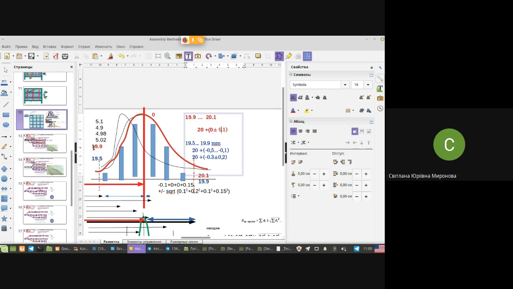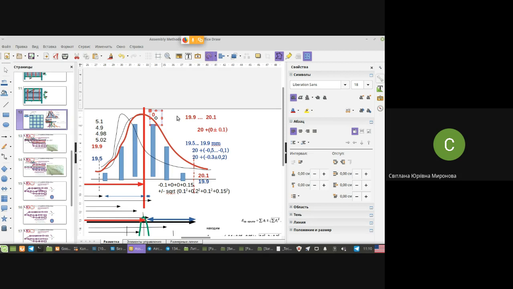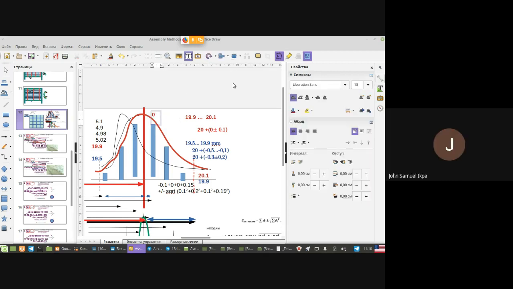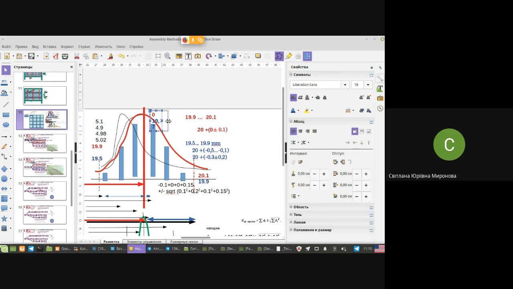And it will give results 19.9, 20.1. For this one, I already wrote it even. Look, 20 minus 0.3. Calculate it. 19.7.